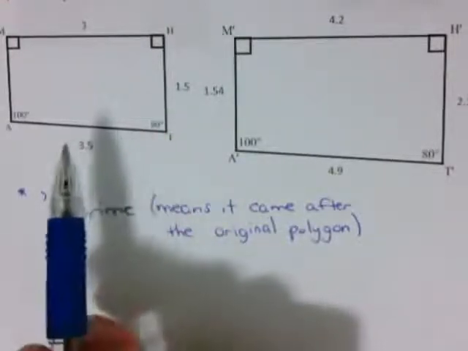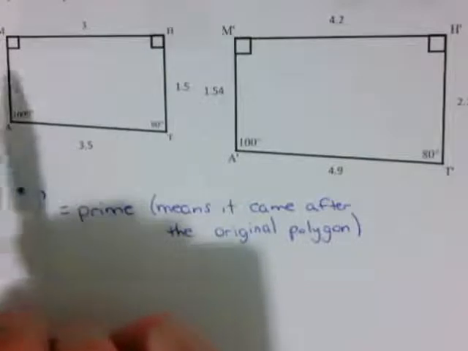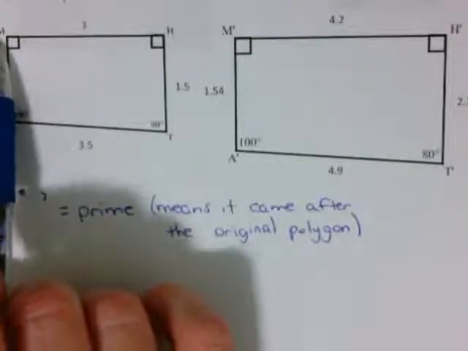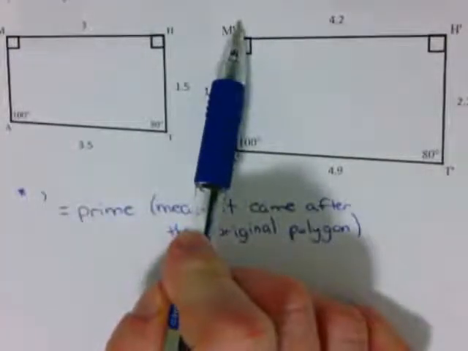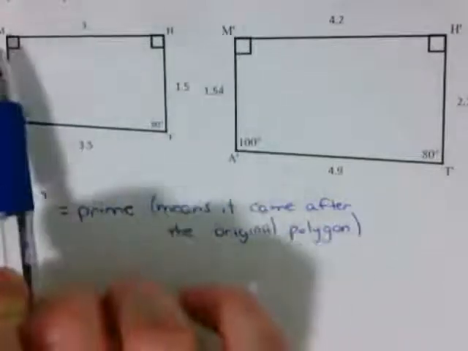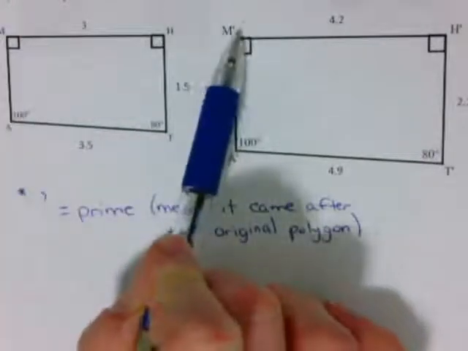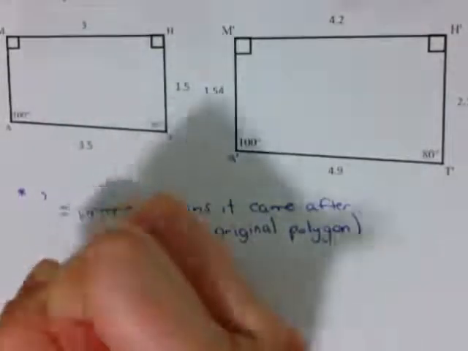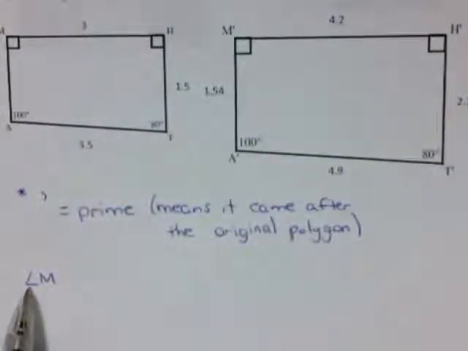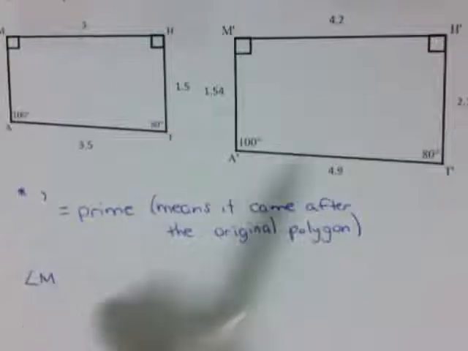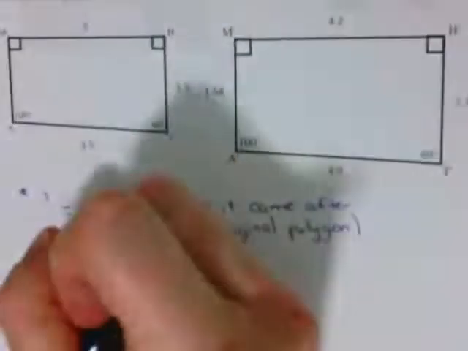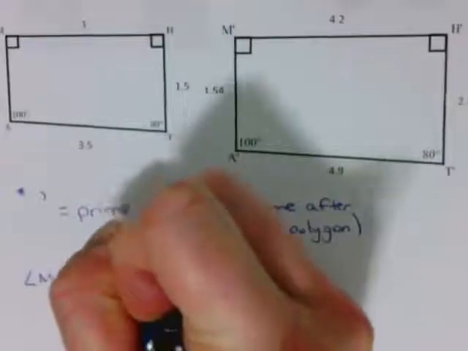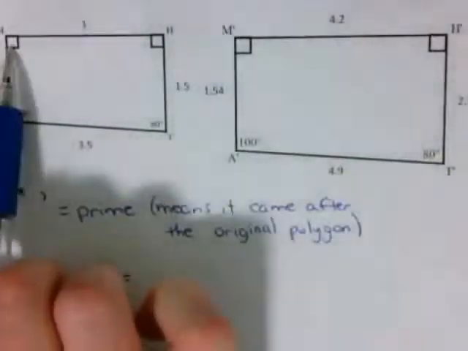The corresponding angles in this case are a little bit easier to work with, simply because if you have M, you're looking for M prime. That's your corresponding angle, because you use the same letter but with an apostrophe, which signifies prime. So angle M, and just a reminder that that slanted L means angle. So angle M equals angle M prime, which equals 90 degrees, because we have these boxes here.